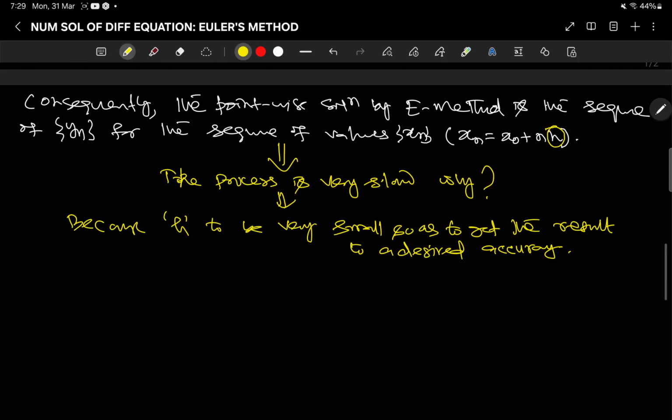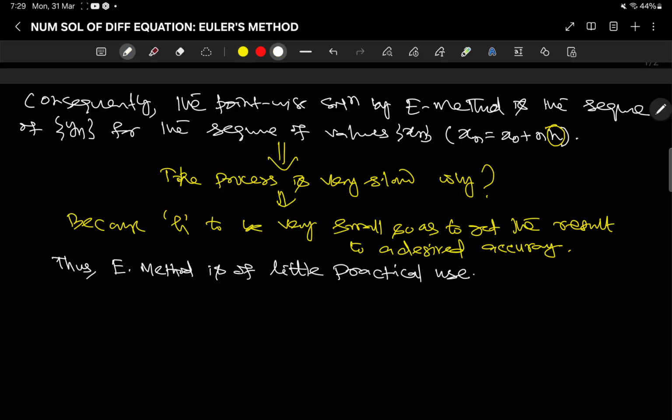Thus this method is of little use. This method is very slow.